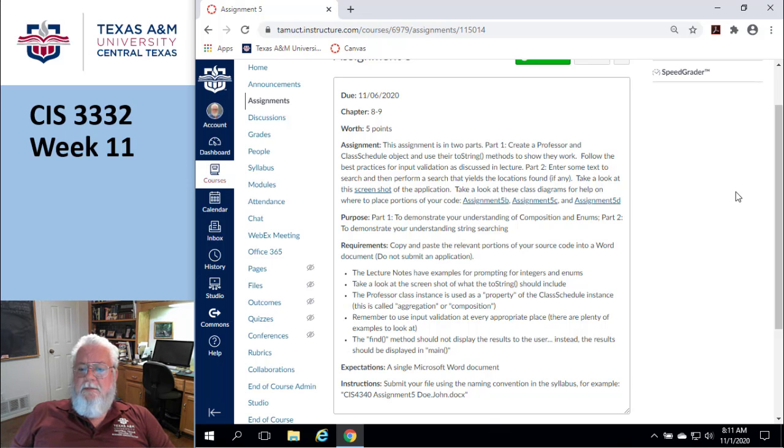Okay. The second one is just a method where you try to find out how many times the word "the" is in a particular phrase. It just counts the number of words and tells you the index of where those things are. Now, I very specifically said that the find method itself does not display the results to the user.